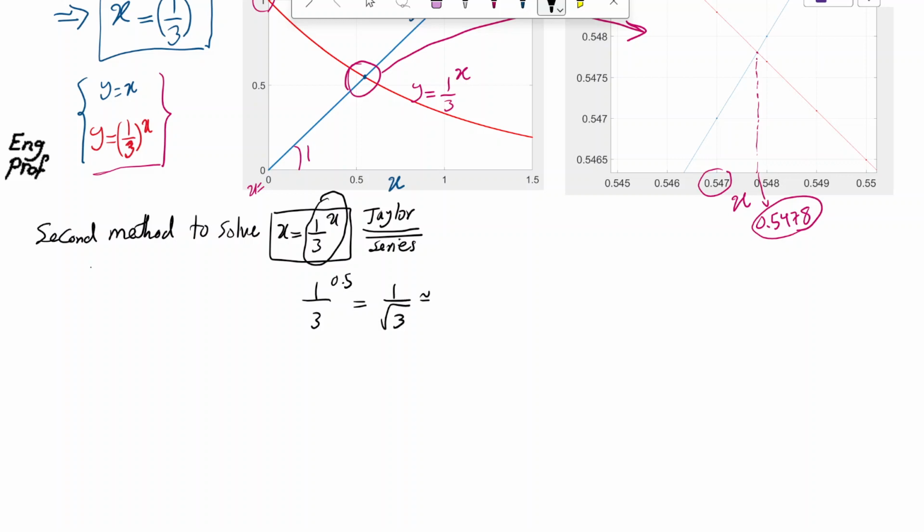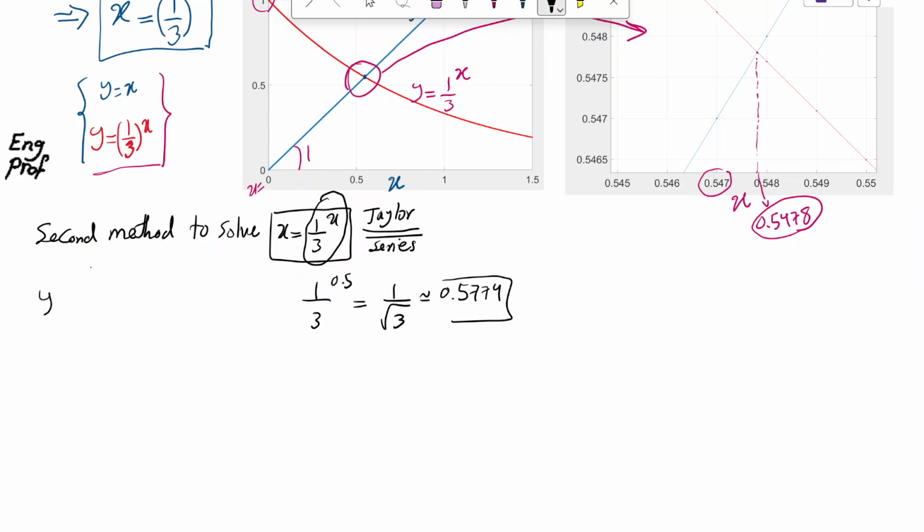Just double checking that I'm not making a mistake here, let me do a quick calculation. 3, then rad2, and then inverse: 0.5774. 0.5774 is not that far away from the target. So I'm going to set in the Taylor series expansion.